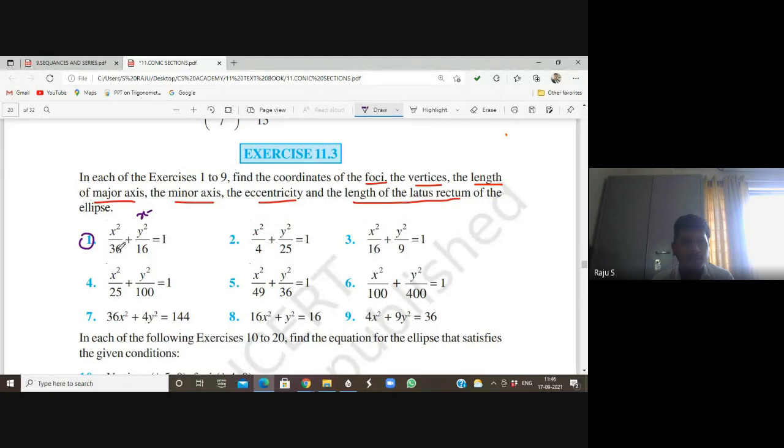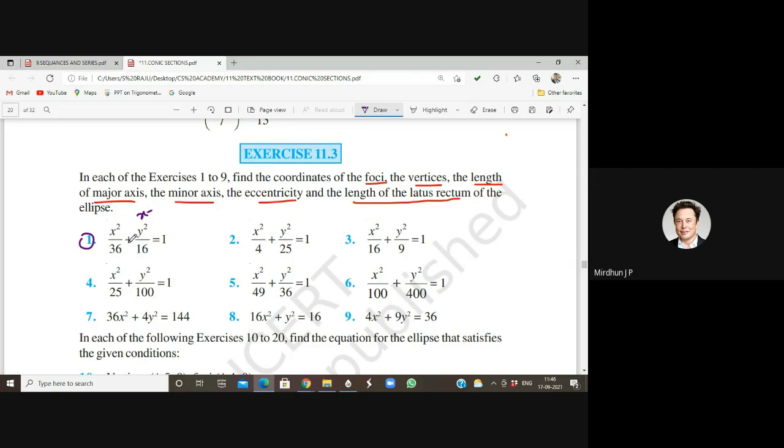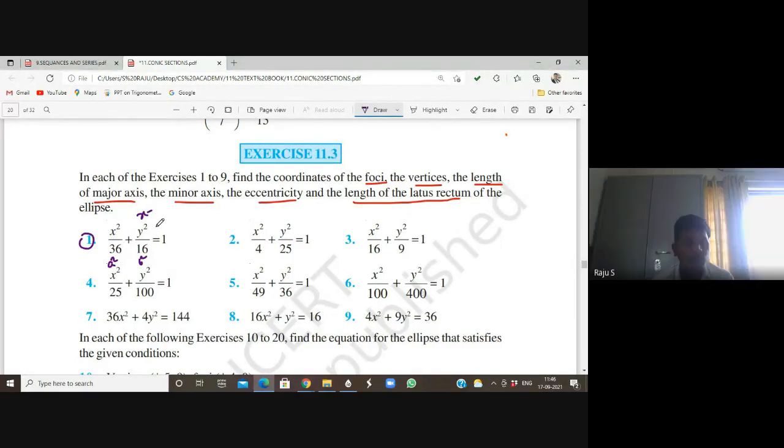But see here, whenever the x-axis is the major axis, the length is given by 2 times the square root of 36. Because when you compare x square by a square, y square by b square, sir, do we take the positive or negative value of a? Positive only, length cannot be negative.